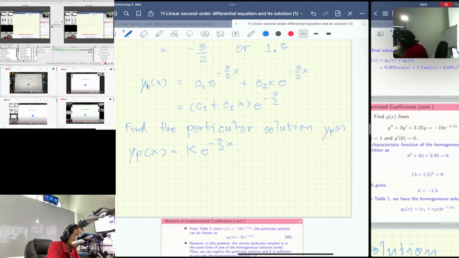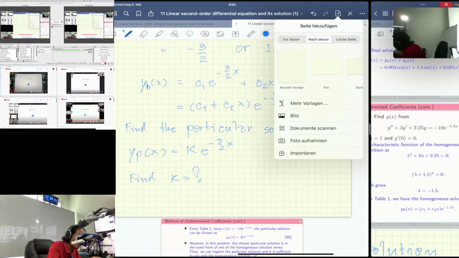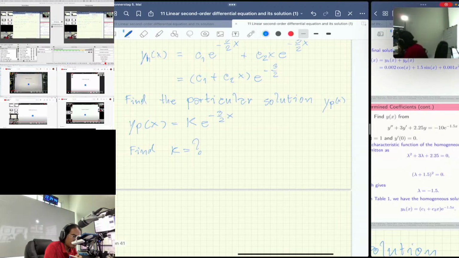Okay, find the particular solution, and we need to find the value of the capital K. As you know, y_p prime x is d/dx of y_p(x), and it's going to be d/dx of K exponential -3/2x.